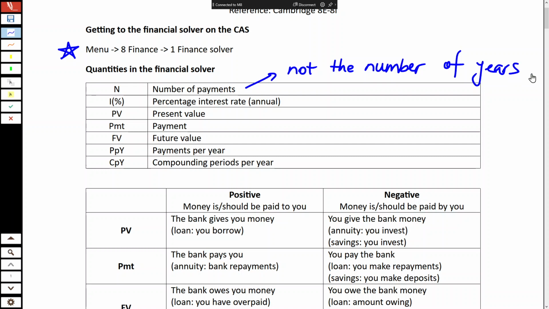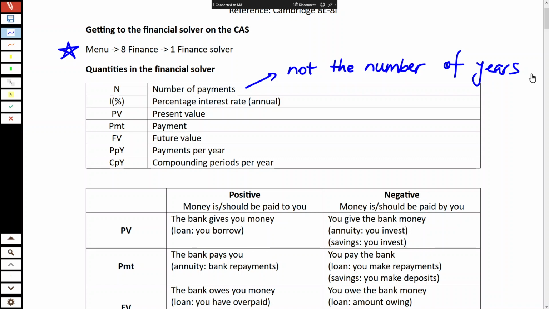For example, if I take out a loan for 10 years and I make repayments every month, how many months is that? 10 years, and I make a payment every month. How many payments is that? 120, because I have to times by 12.